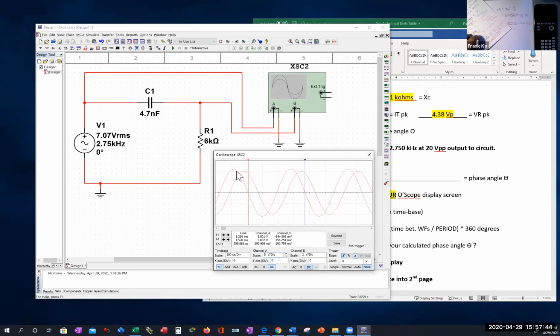Does my large waveform cross over the zero line at the red cursor from the positive half cycle to the negative half cycle? And then it goes through its rotation. And does my large waveform again over here cross over from the positive half cycle to the negative half cycle? The answer here is yes. So let's just use the larger waveform. Is that the time for one cycle?